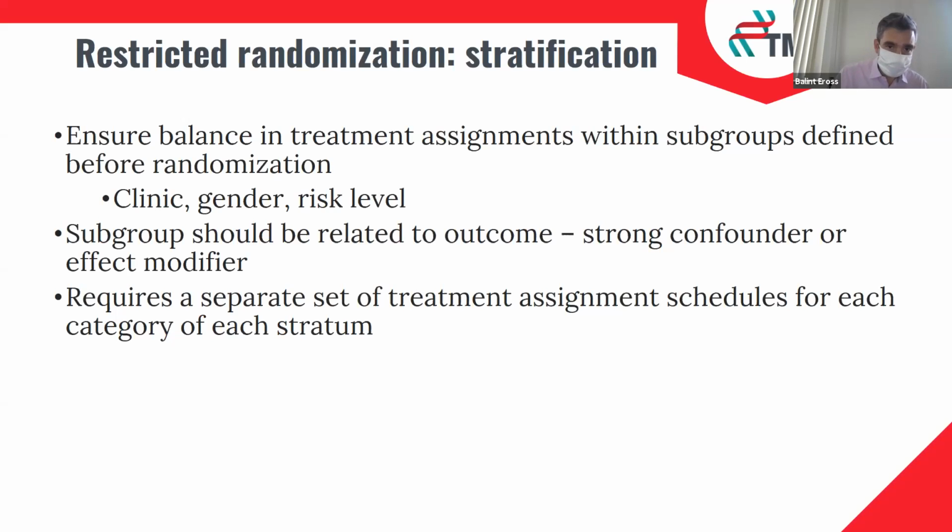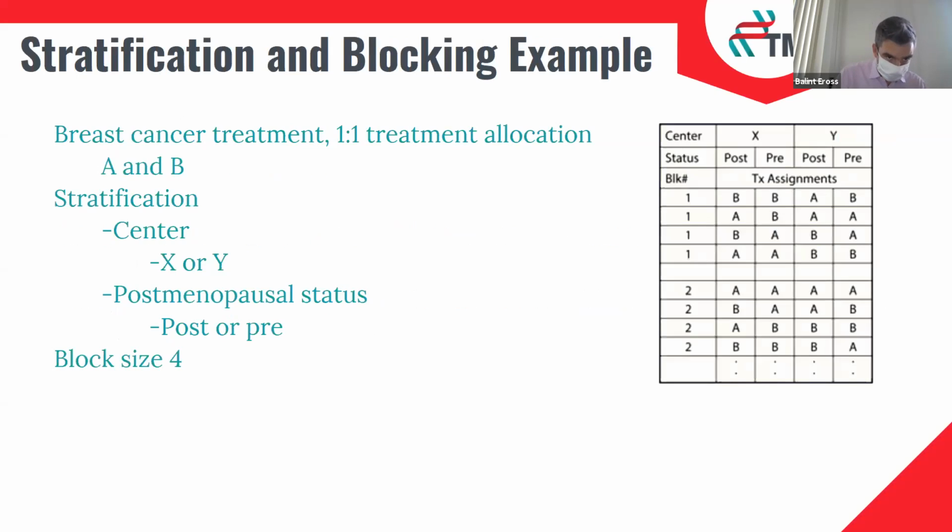And I brought you an example, and hopefully you will understand. There's a breast cancer trial, and you want to have a one-to-one treatment allocation for treatment A and treatment B. And you want to ensure that you have an equal number of treatment A patients and treatment B patients in both centers.